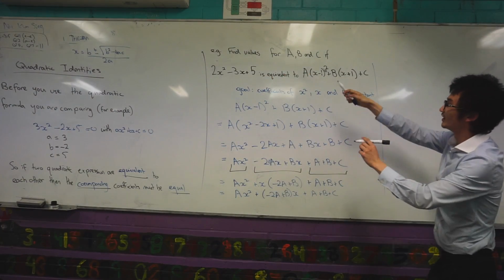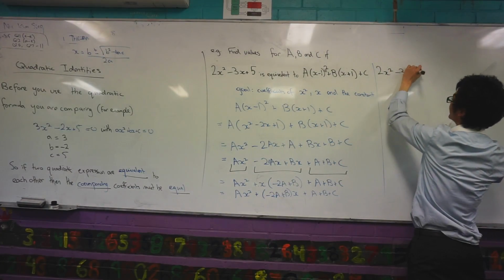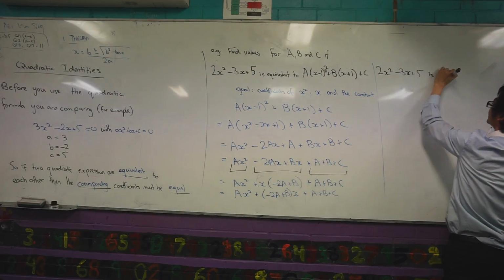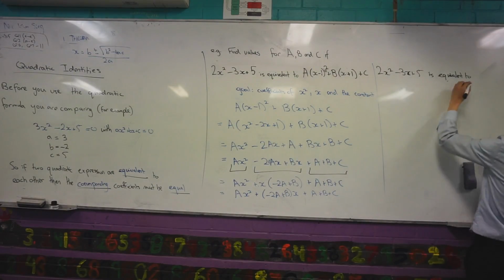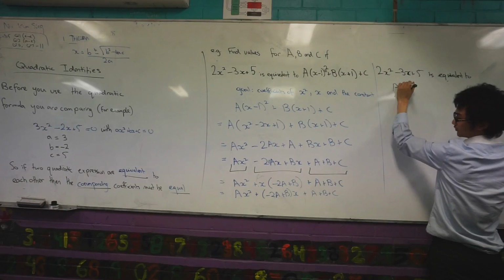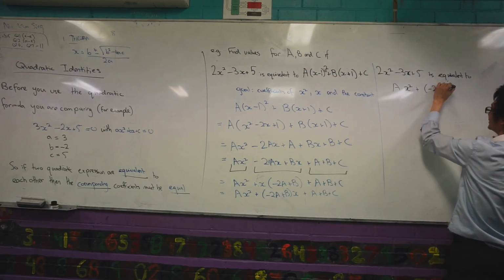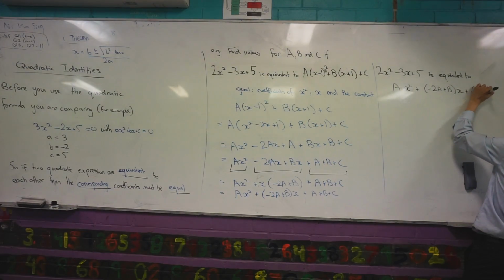I have, on the left-hand side, it said 2x squared minus 3x plus 5 is equivalent to ax squared plus negative 2a plus b x plus a plus b plus c.